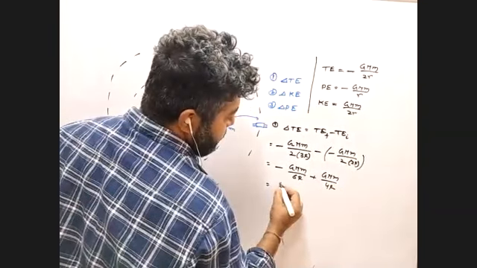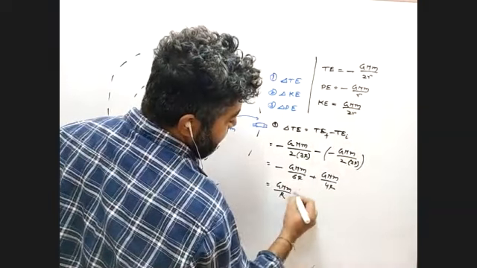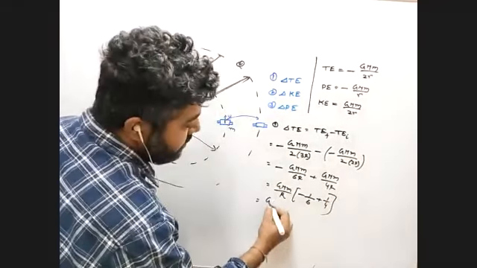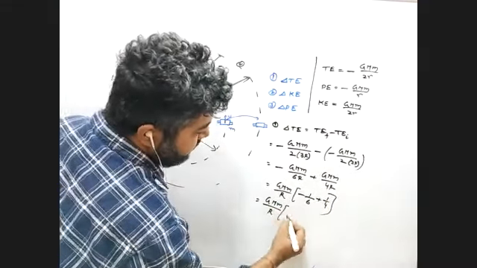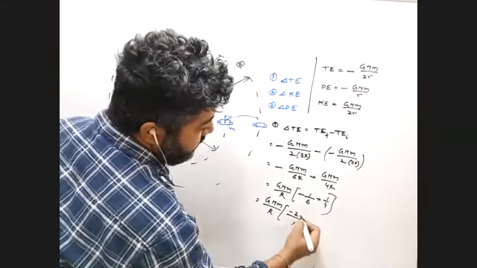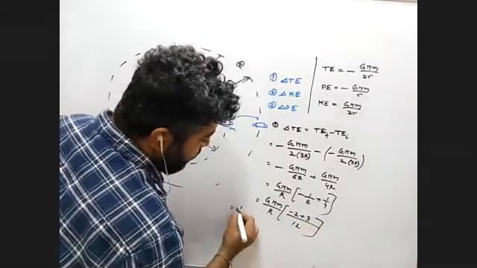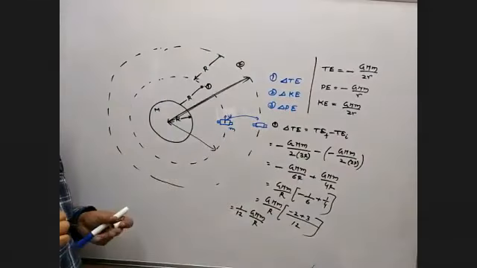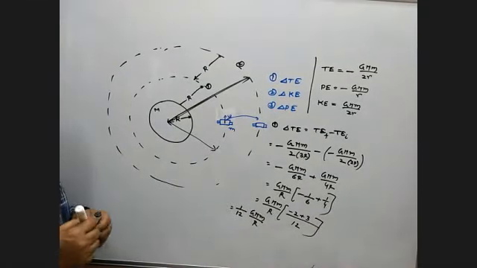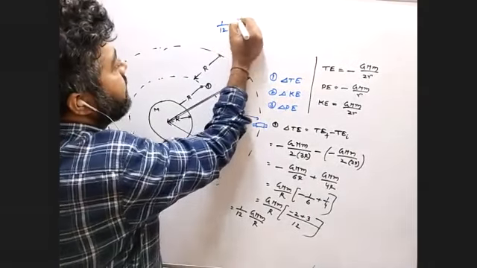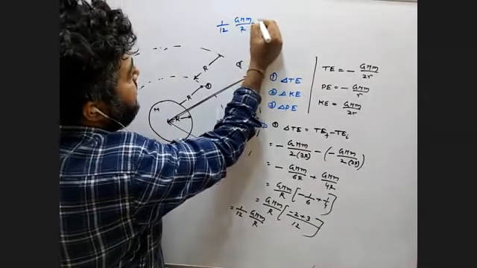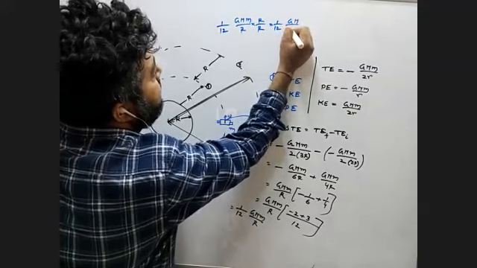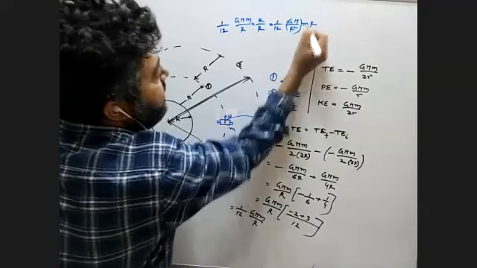So GMm by r times minus 1 by 6 plus 1 by 4, that is GMm by r, minus 2 plus 3 over 12, that means 1 by 12 GMm by r. Is it clear? And 1 by 12 GMm by r, someone multiplied by r divided by r. So what you have? GM by r square into mr. Is it clear?